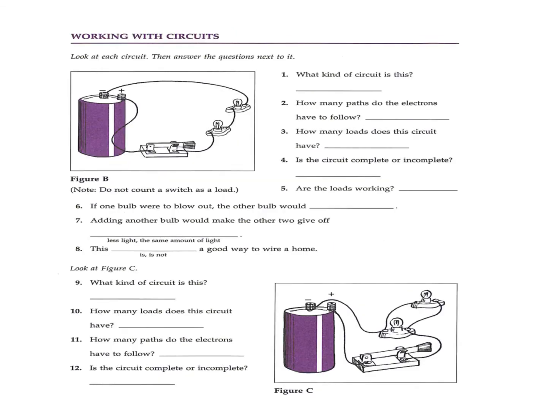So here in this picture, what do we get? A series circuit. There's only one way, series. How many paths? One. How many loads? Two. Is the circuit complete? Yes, because the switch is closed. Are the loads working? They should, even though the picture is not showing, because the switch is closed, there will be light.